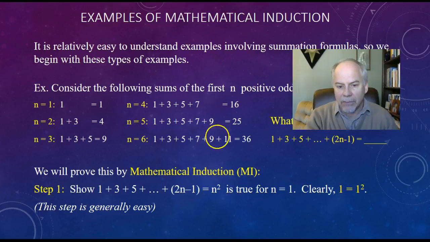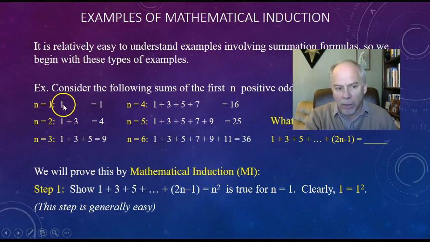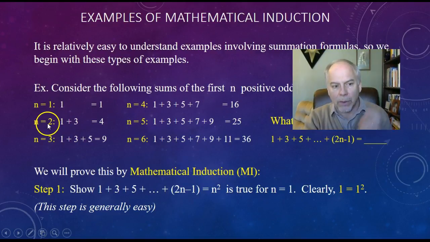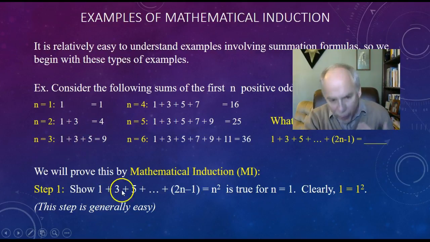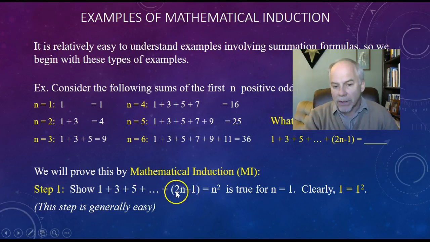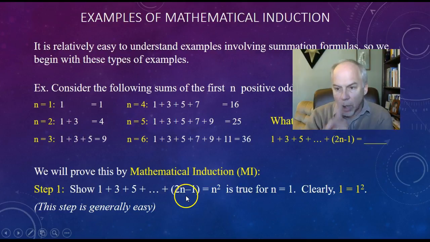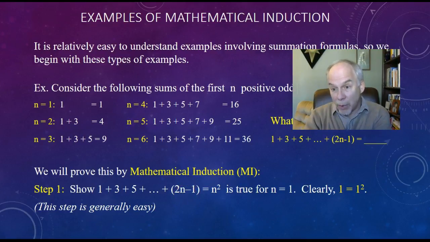Because when n is 1, we only have one term. When n is 2, we only have 2 terms. When n is 3, we only have 3. Notice that when you plug in 1, 2 times 1 minus 1 is 1. So that's your stopping number. We start at 1 and stop at 1, so we only have one term.